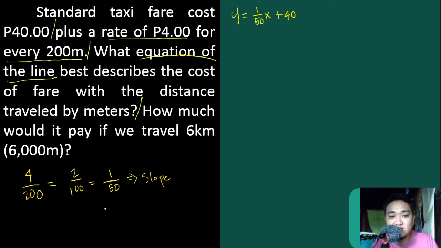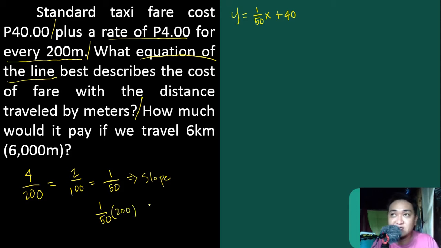O, bakit ganun? O, subukan natin. I-check natin tong 1 over 50, kung tama. Let's say, 1 over 50 times, nag-travel tayo kunyari ng, let's say, 200 meters.